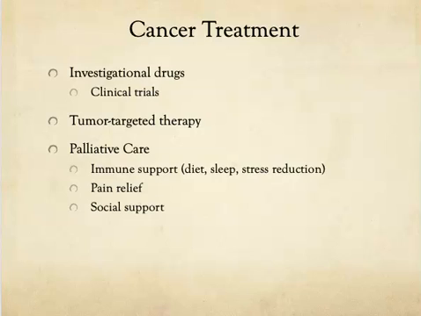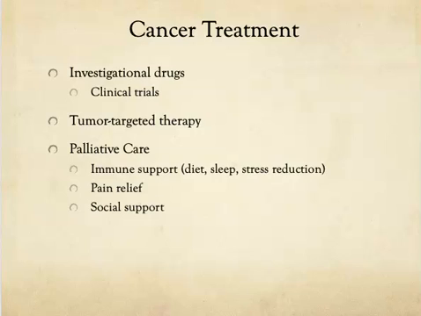So anything that's being done with the patient to help support their immune system. For example, what kind of diet they're being fed, what kind of advice they're being given regarding sleep, efforts that are being made to reduce their stress level. Pain relief is a big one, providing medications that help reduce the amount of pain they're in from the cancer.